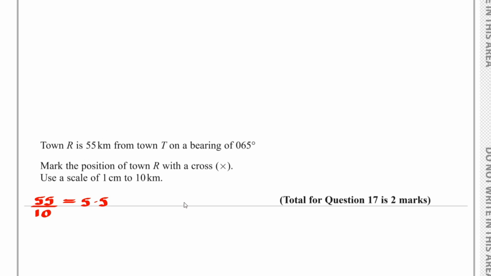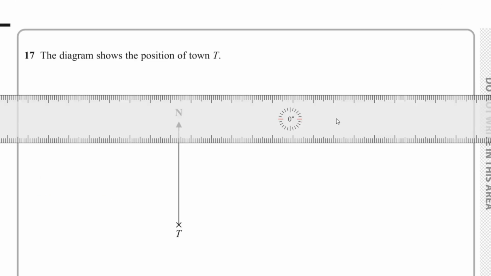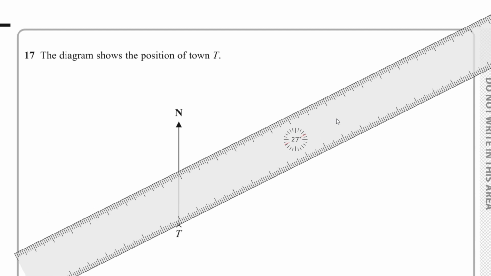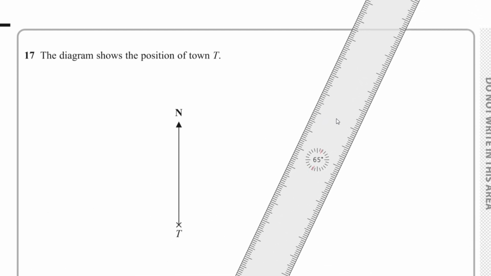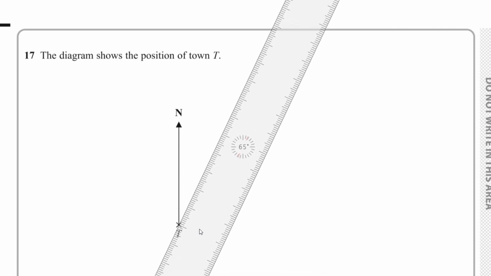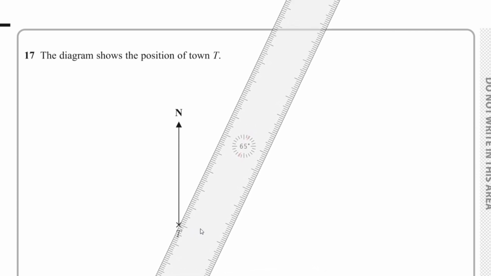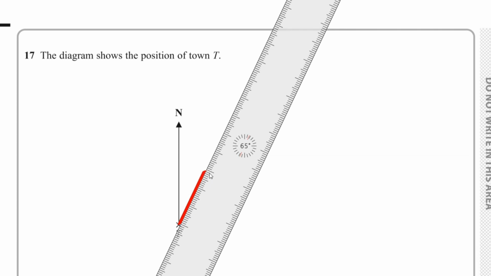So we need to draw a line 5.5 centimeters on an angle of 65 degrees. So if I measure 65 degrees, I now need to draw a line which is 5.5 centimeters away from this point. So I've got 1, 2, 3, 4, 5.5.